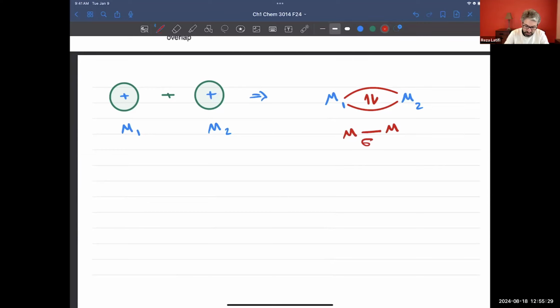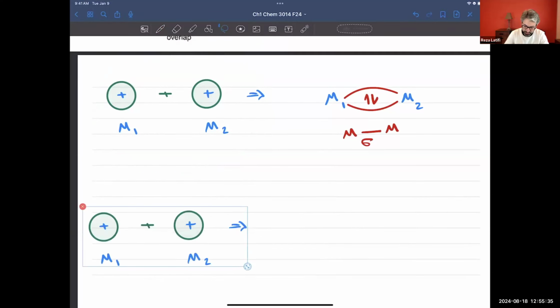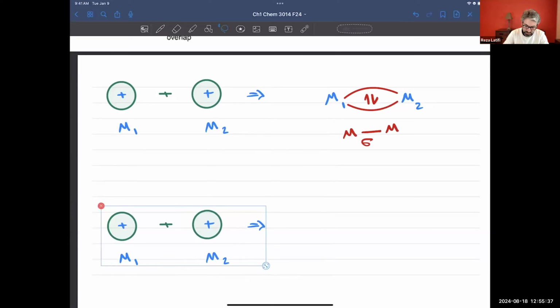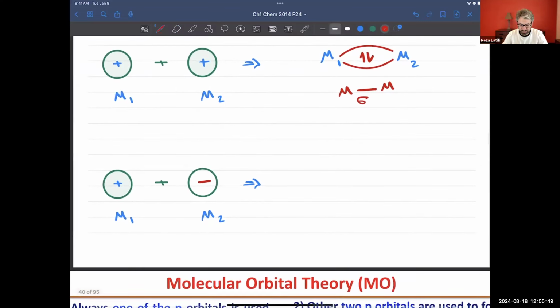Next, I'm going to take M1 plus M2, but I will change the phase of the second one. Imagine this time the second one is negative, so we change this one to negative. What do we get if one of them is out of phase?